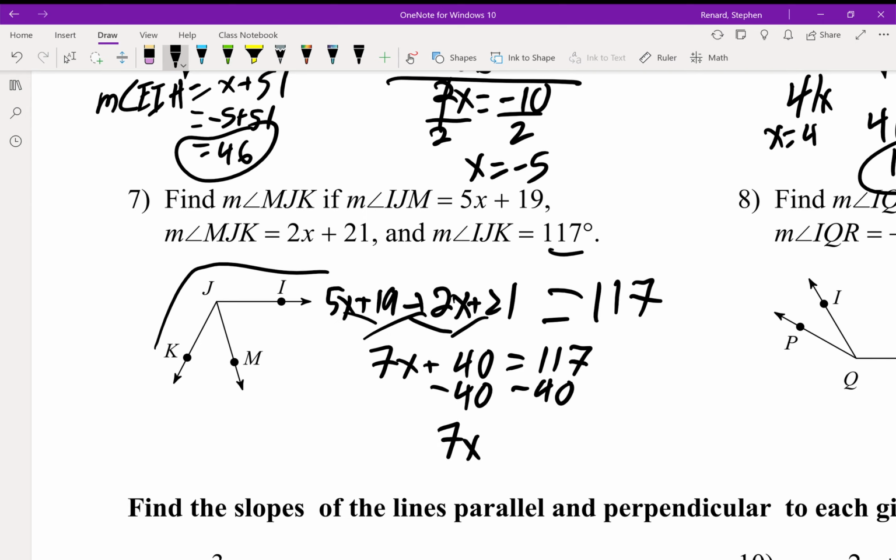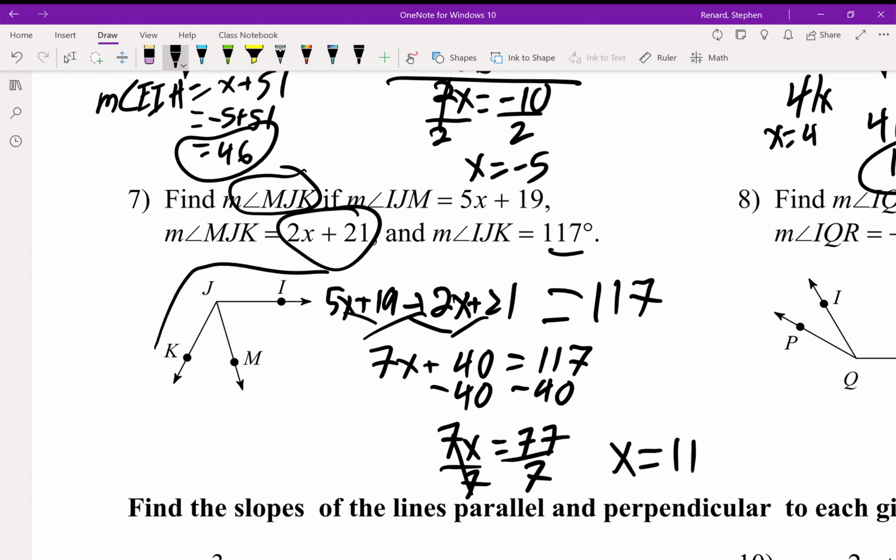We get 7x equals 77. Divide both sides by 7, and we get x equals 11. Now remember, we have to find MJK. MJK is 2x plus 21. So we plug in that 11 that we just found. We're going to get 43.